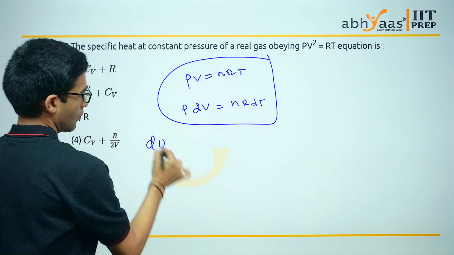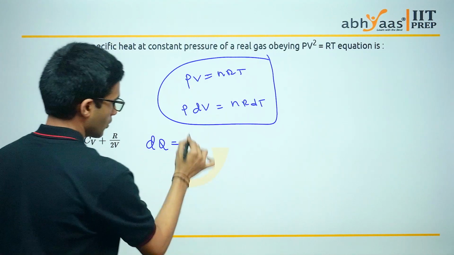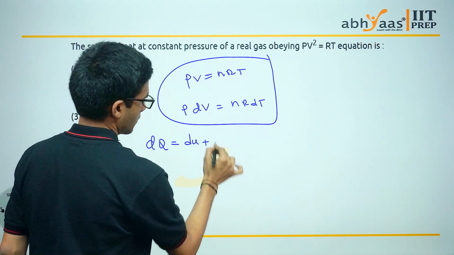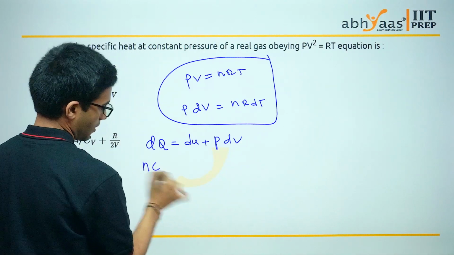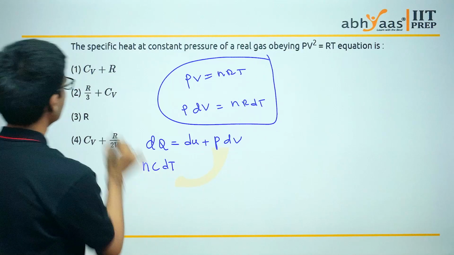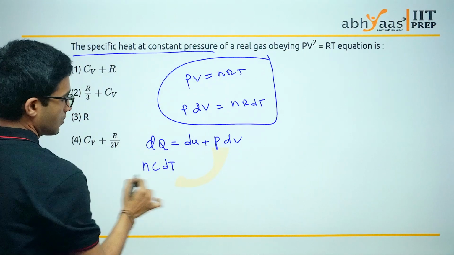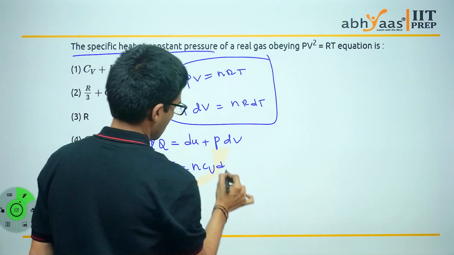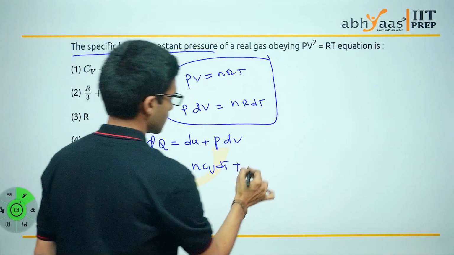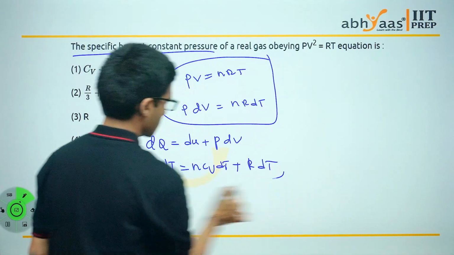And you also know from the first law of thermodynamics, dQ equal to dU plus P dV work. This is nCp dT, and that only you need to calculate. nCp dT is equal to nCv dT plus R dT, the general expression.